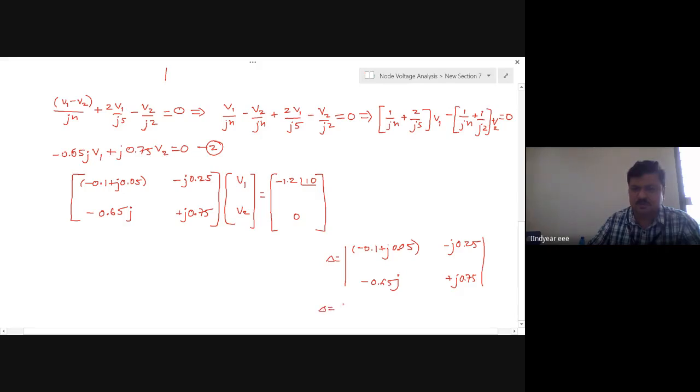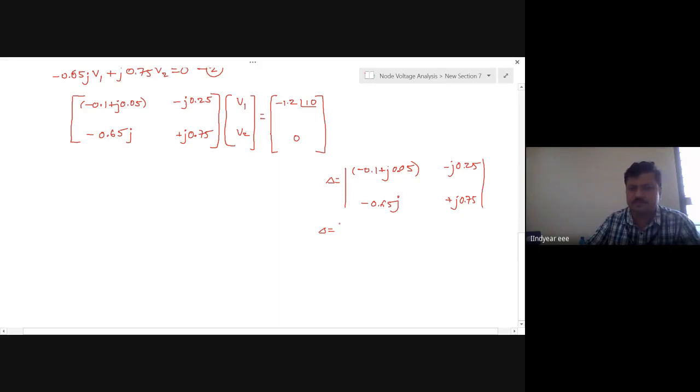So delta equals... can anybody tell the answer? Minus into minus is plus, again one minus will come. This is minus j0.25 times j0.65.